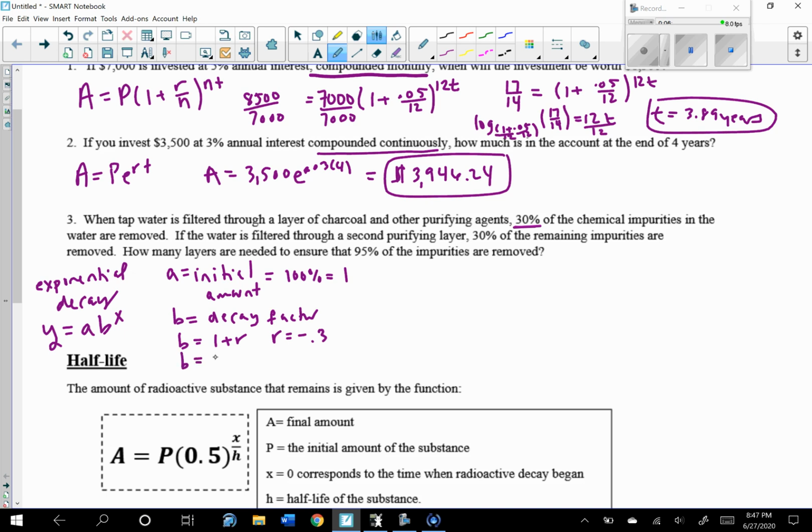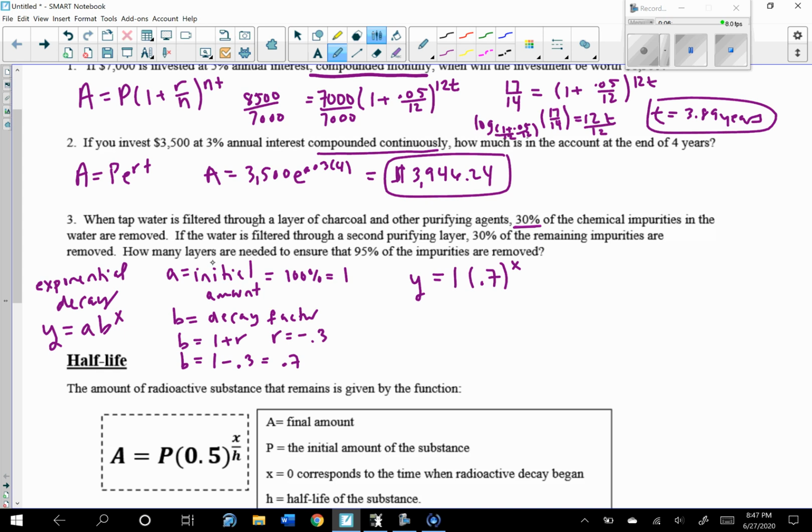So b is equal to 1 minus 0.3, which means that b is 0.7, which makes sense for something that's exponential decay, because remember, decay means your b value is in between 0 and 1. So we have y is equal to 1, because that was our initial amount, 100%, times 0.7 to the x power. And so what else were we given in the equation?